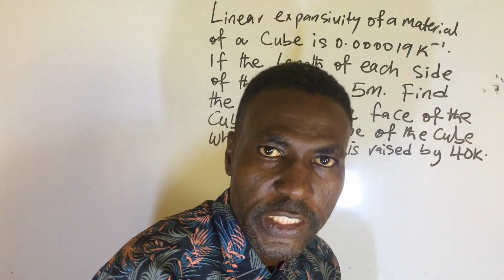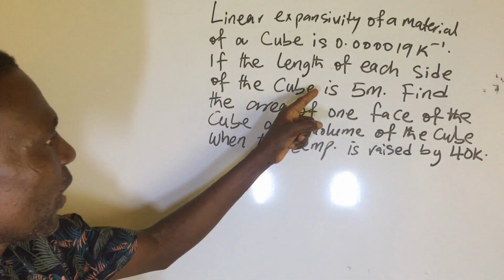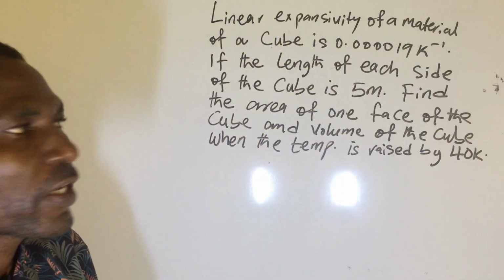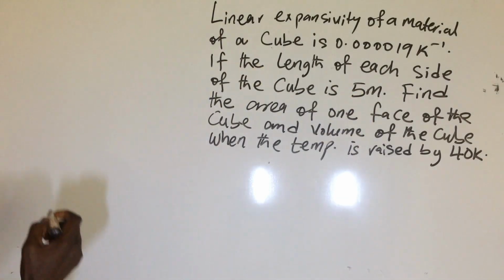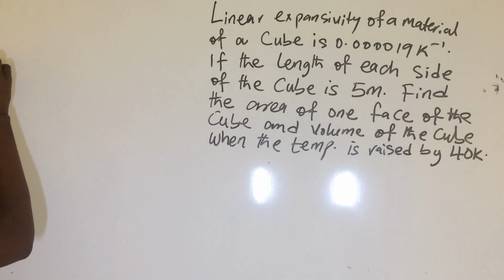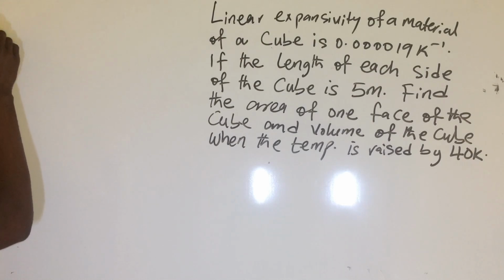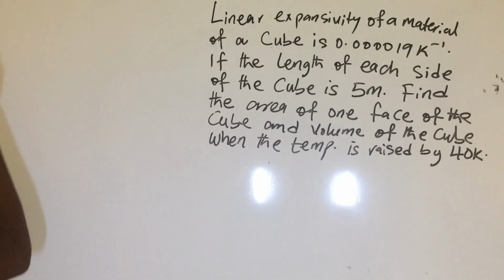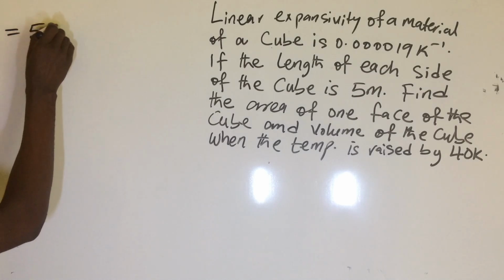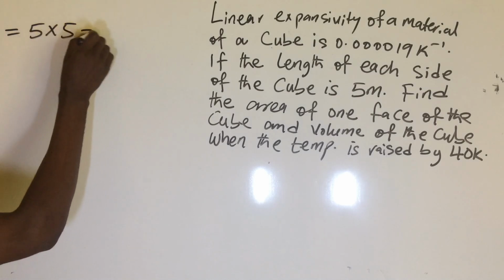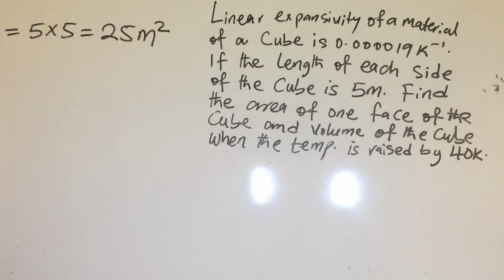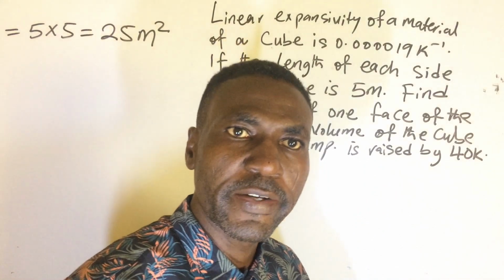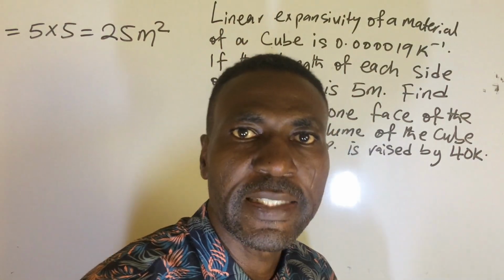So before the 40 Kelvin, the length is 5. Let's use this to find the initial area. The initial area A1 equals 5 times 5, which equals 25 meter square. Area means length times length.